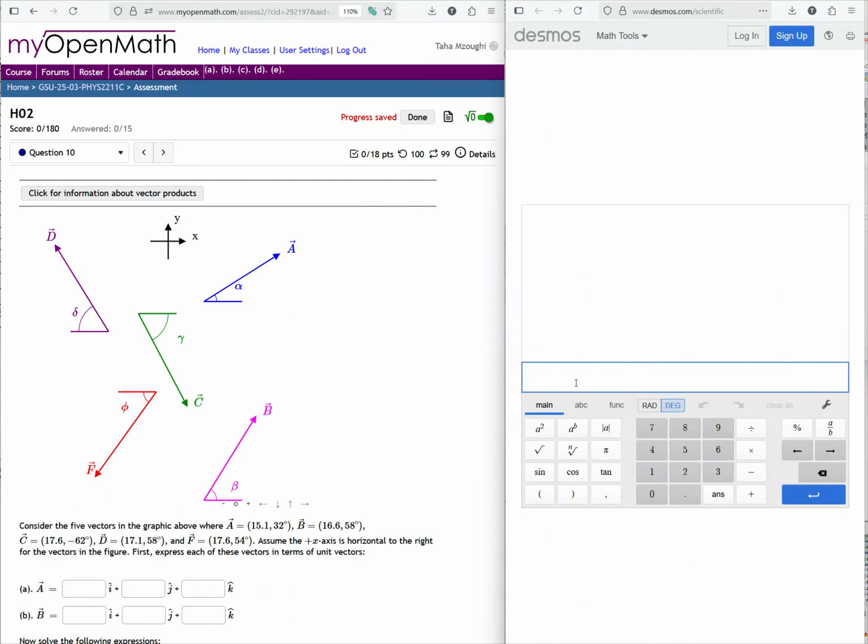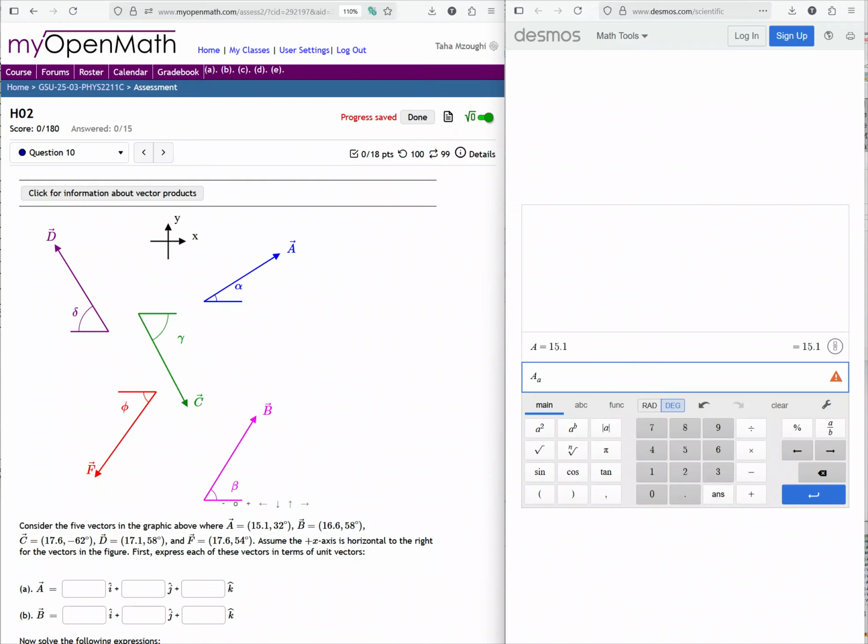So, for example, I'm going to write A. Let me write capital A is equal 15.1. And then I'm going to write A for angle.